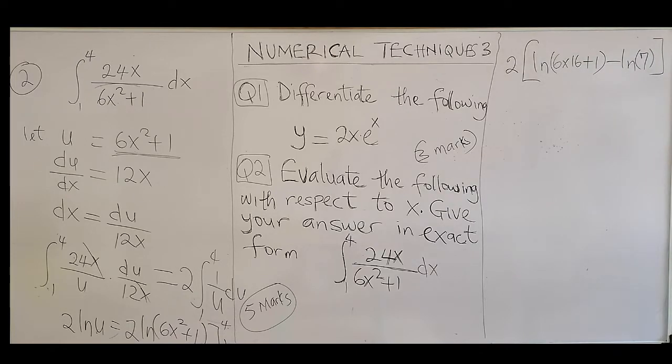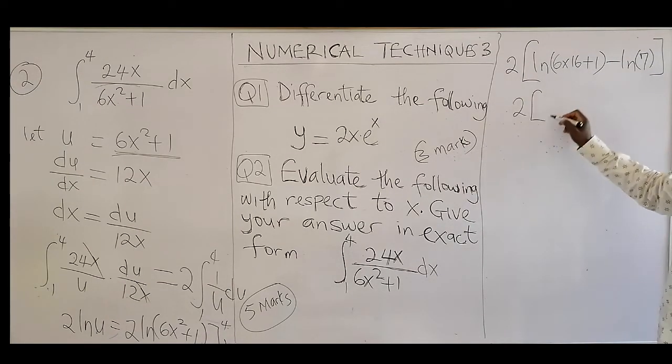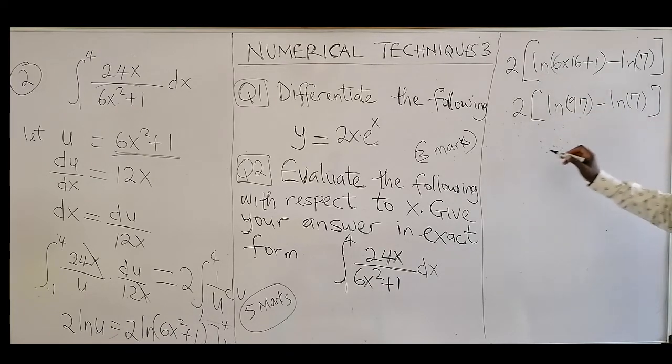So that's what we have now. So 6 times 16 plus 1, that will be equal to 2 into brackets ln 97, and then minus ln 7.